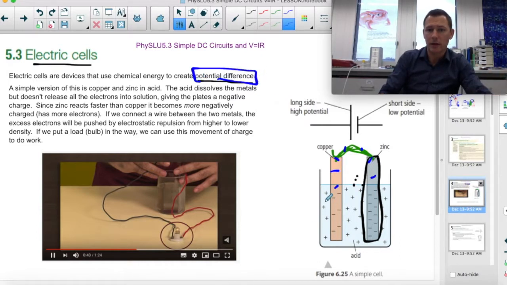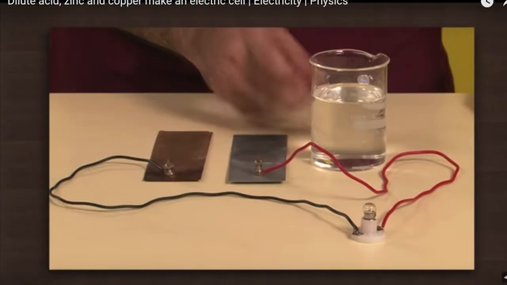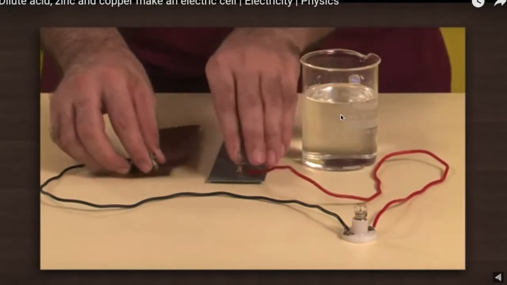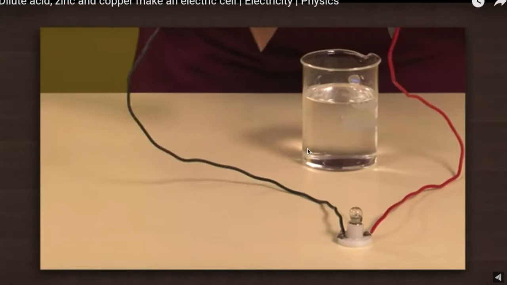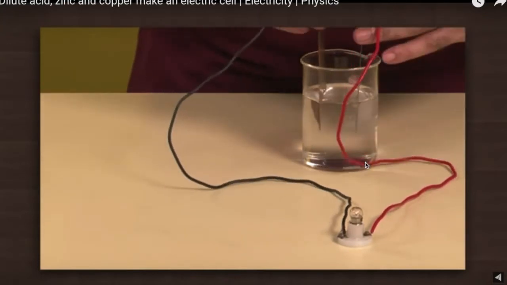And you can see this, it's just copper and zinc and acid, which is just like water. So it's a copper and a zinc plate. That's acid, and you can tell it's acid because you can see it bubbling. And there's nothing in here. There's no batteries. It's just metal and acid. I hope I'm still on your screen someplace.